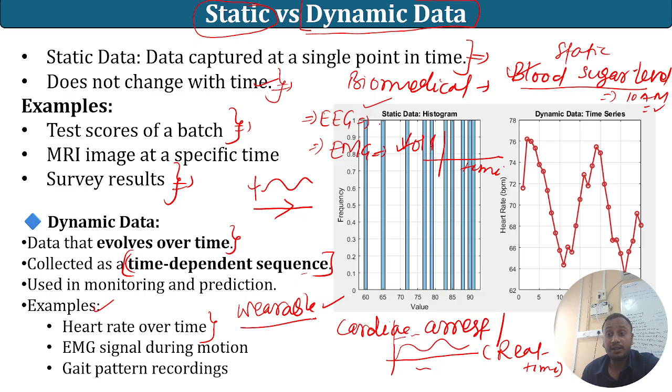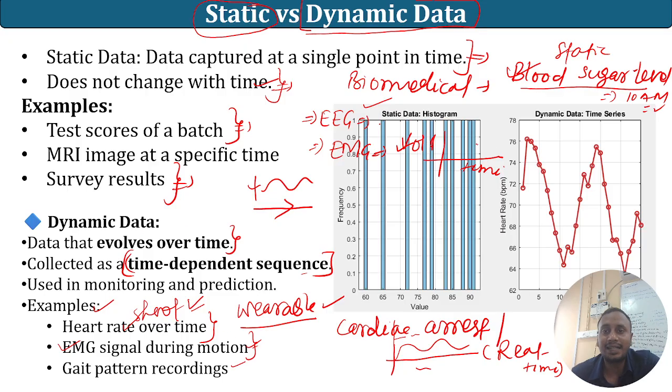Whenever they peak at a threshold, or get fatigued, their heart rate shoots up, and we can see that through the watch, so that we can stop it, or monitor and make sure it does not shoot up. Or the EMG signal during motions, or a gait pattern recording. This is all dynamic data.